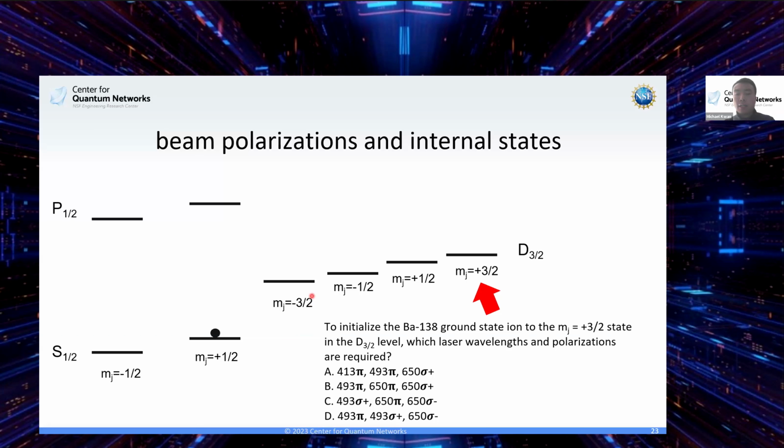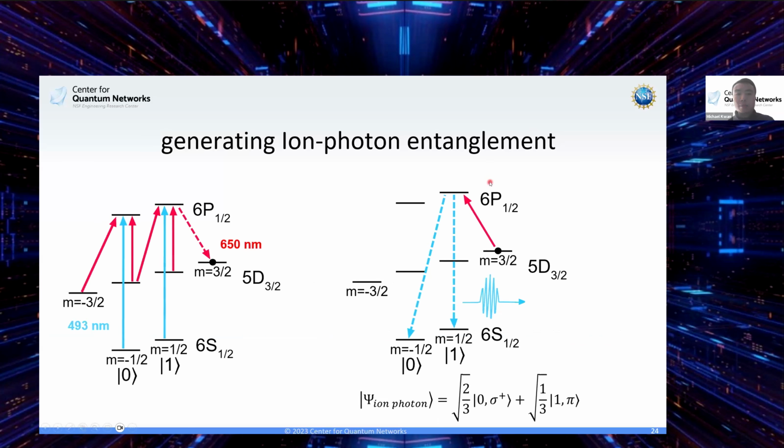Yeah. And so this is actually where we're going next. In order to pump to this state, we have to turn all three beams on: the 650 sigma, the 650 pi, and the 493 pi light.